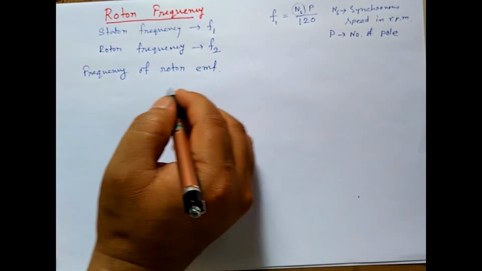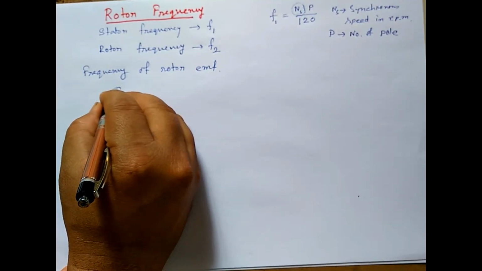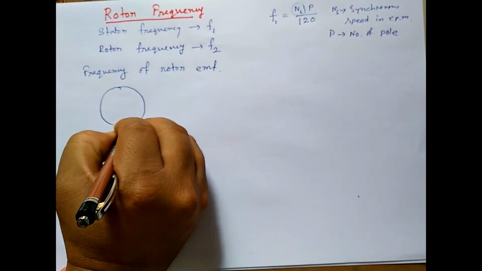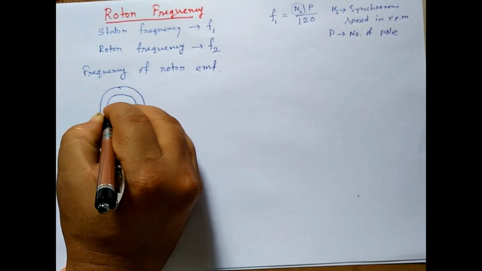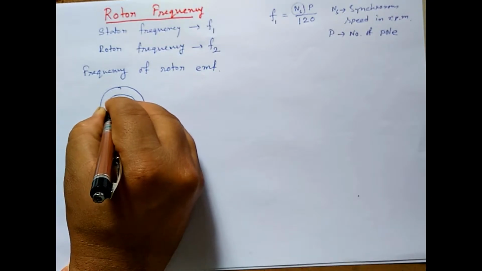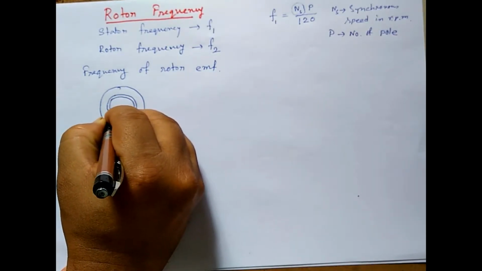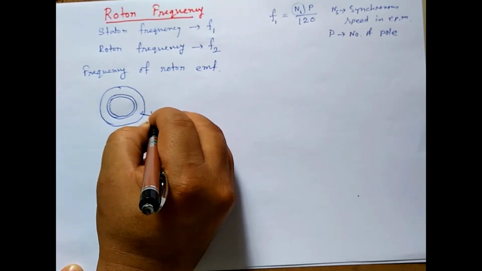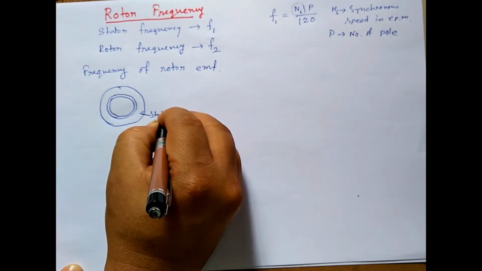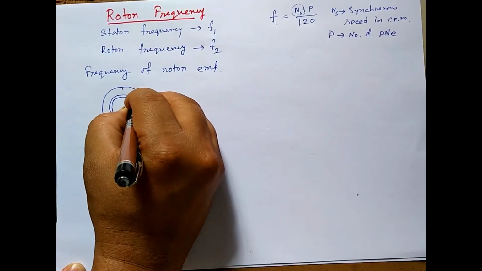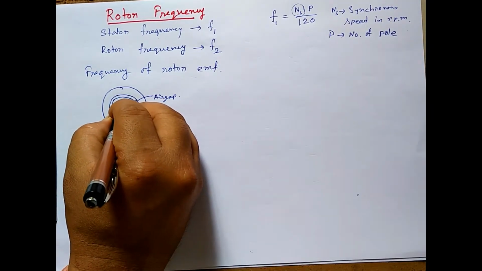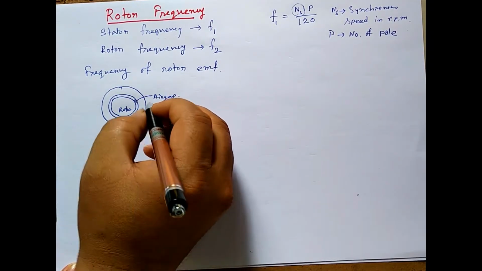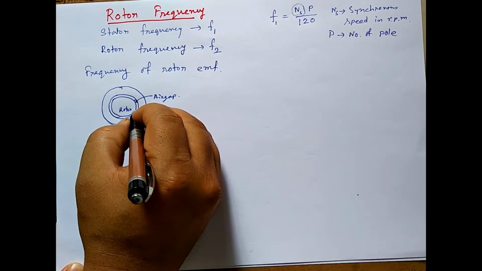Relative speed between what? Suppose we have the stator and the rotor. This is the stator part, here is the air gap, and inside it is the rotor part.